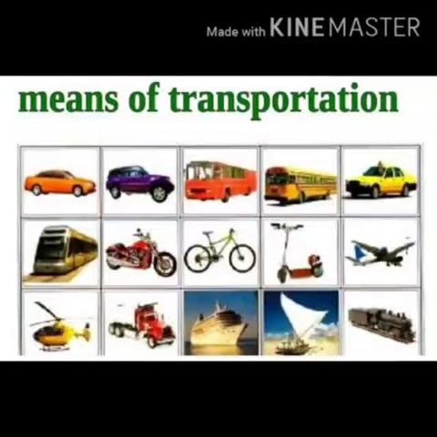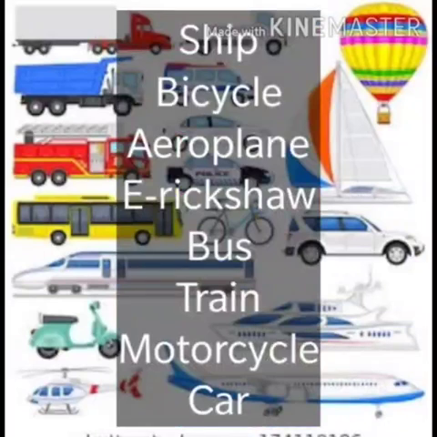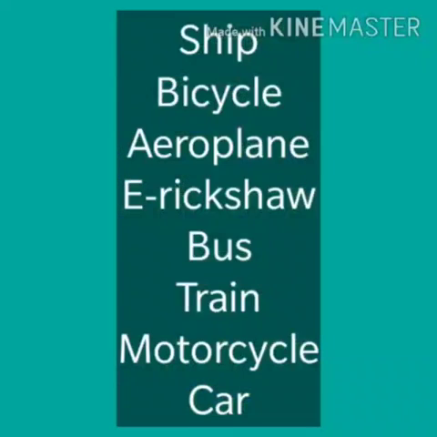In our textbook, if you open page number 19, there are some pictures of vehicles given as well as some descriptions. Before that, you can see a box in which there are certain words. Let's read those. The first one is ship, second one is bicycle, third one is aeroplane, fourth one is e-rickshaw, the fifth one is bus, sixth one is train, seventh one is motorcycle, and the final one, eighth one, is car.